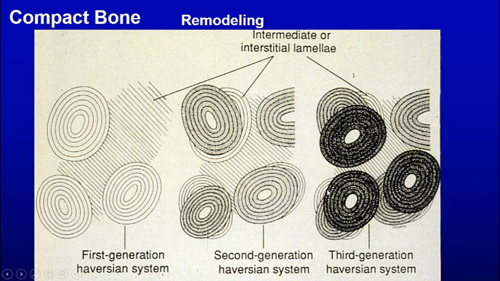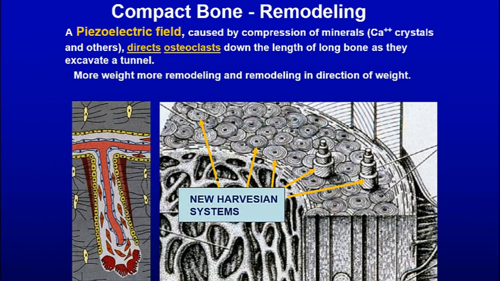And here we see the third remodeling, where you had this one and then that one and then this one on top of that. And so it dug a hole and it ate some of the interstitial, some of the first one, some of the second one, and you got the third one remaining. So it's not just a perfect circle on top of the other perfect circle. It'll eat whatever it contacts in the third generation of the process.